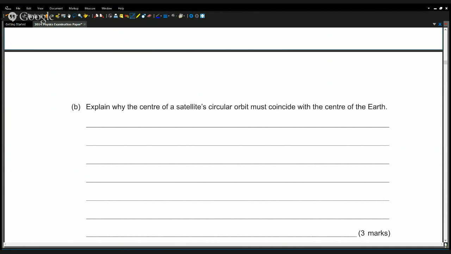Explain why the center of a satellite's orbit must be the center of the Earth. Basically, because the force of gravity is between centers of mass.